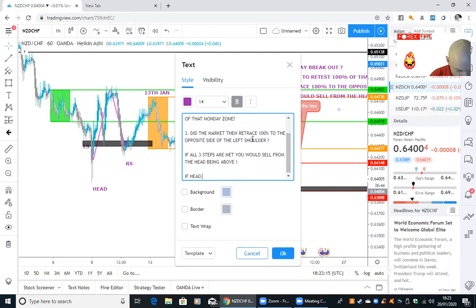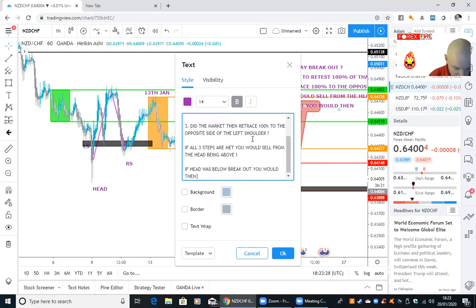If head was below breakout, you would then buy back to the upside.